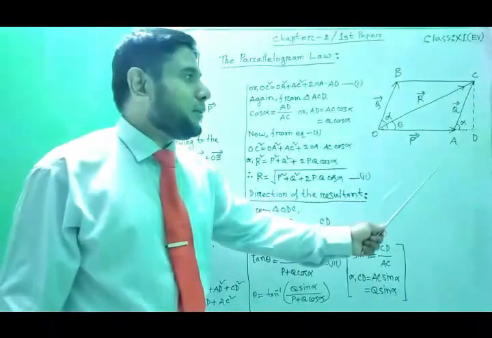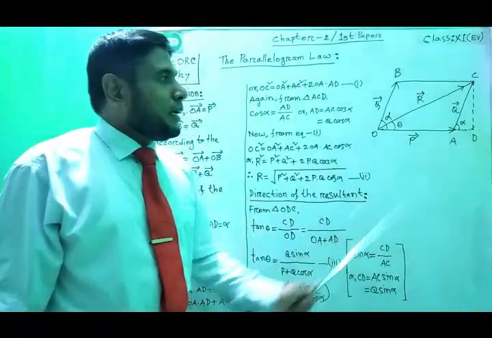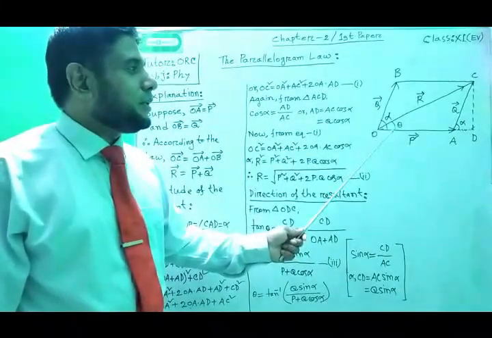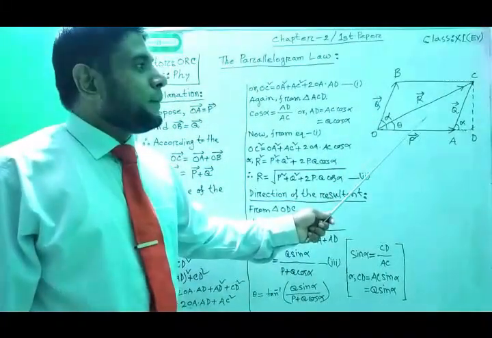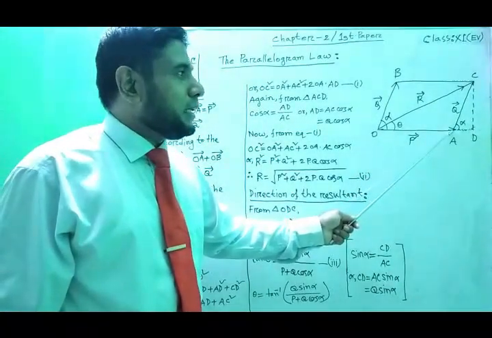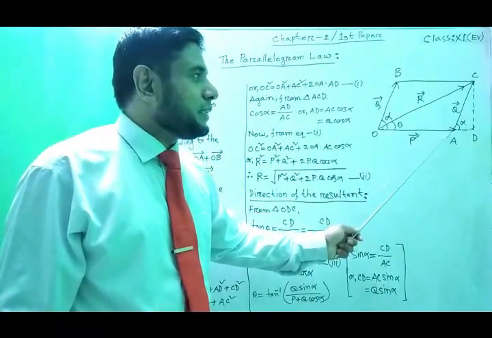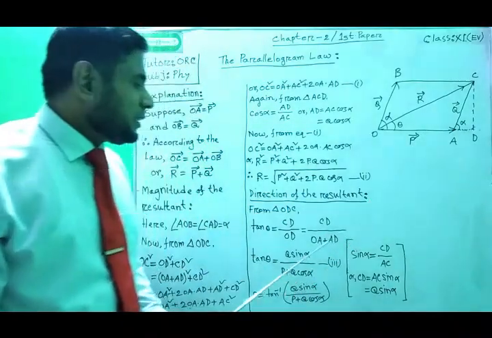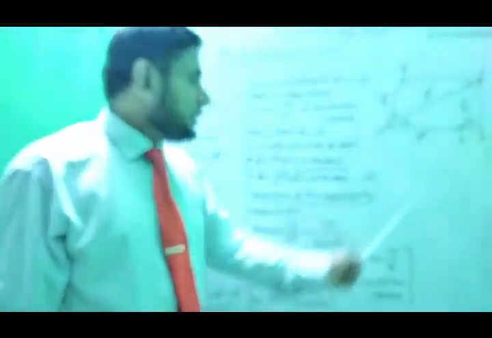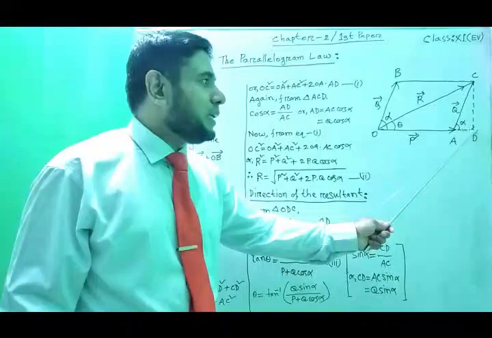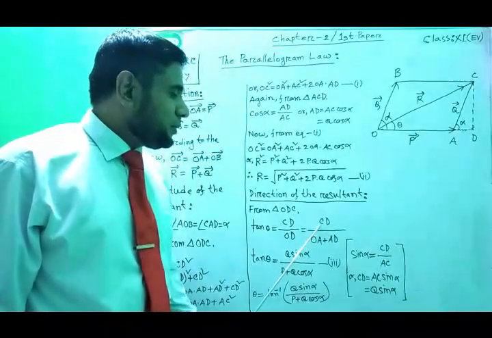According to the information of this parallelogram, in the right angle triangle ACD, along AC is acting Q, and we need the value of CD from this triangle ACD.